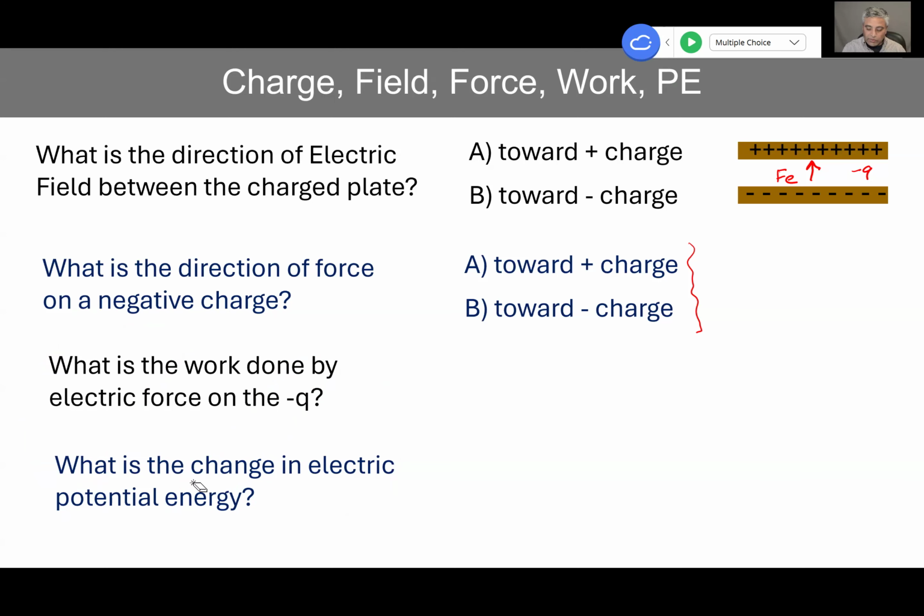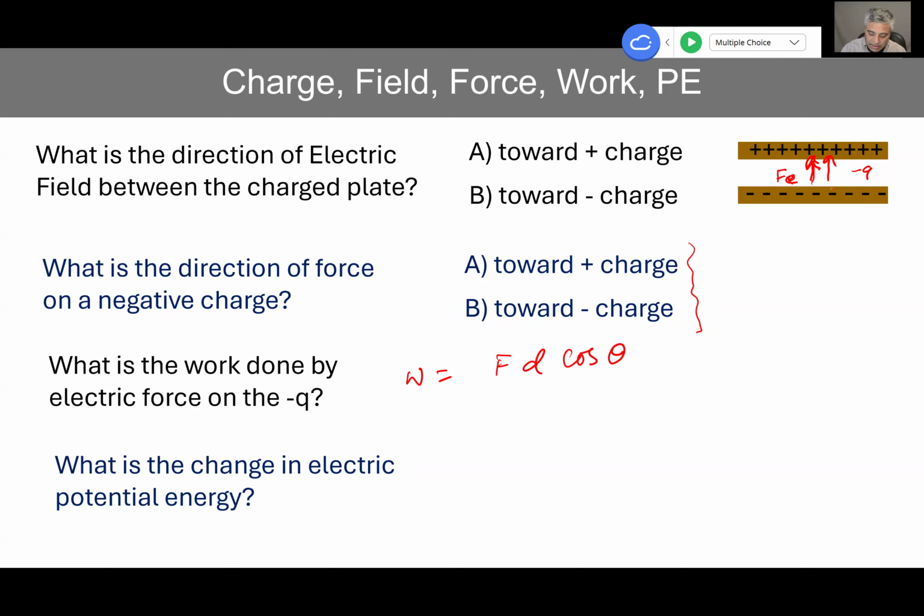So now what is the work done? To find work done, what do we do? Just like we did before, we need to do force times displacement times cosine of the angle between them, right? Force and displacement. Here, there is just the electric force. There is no external force. So the force is in that direction, meaning it's moving in that direction.